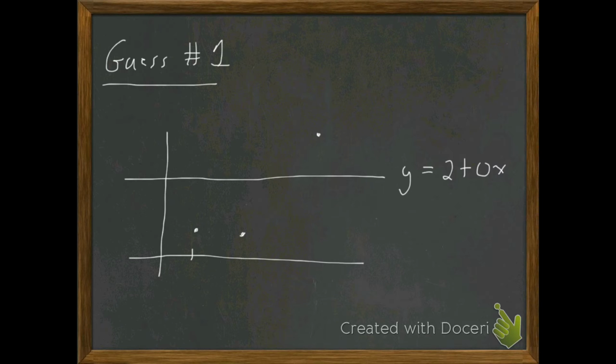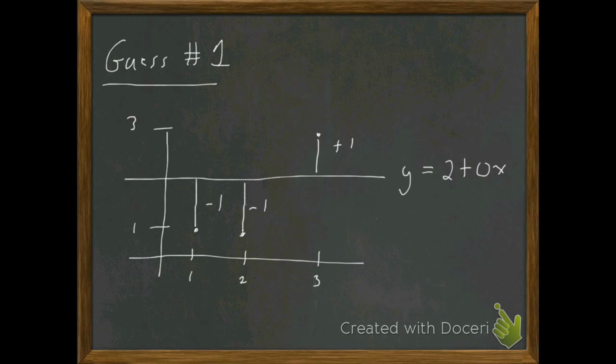Well, again, this point has a distance of -1. This has a -1, and this has a +1.